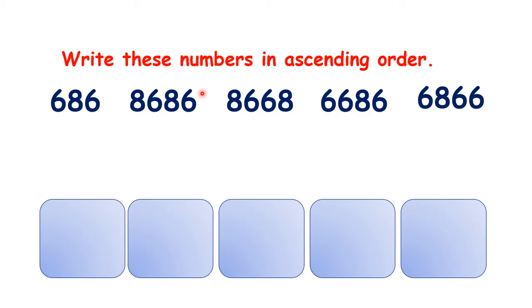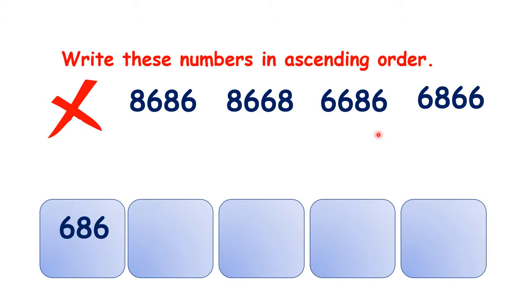Now pause the video and see if you can write these numbers in ascending order. Remember, ascending means going from smallest to largest. Well, here we have a 3-digit number, and all of the other numbers are 4-digit numbers. So because 686 doesn't have any thousands at all, that must be our smallest number.